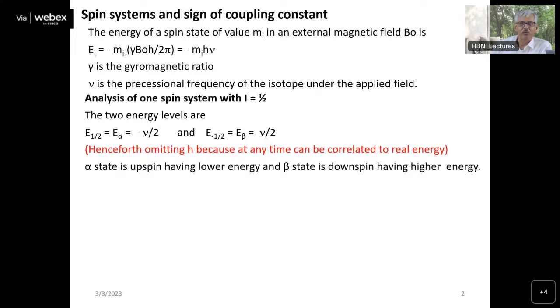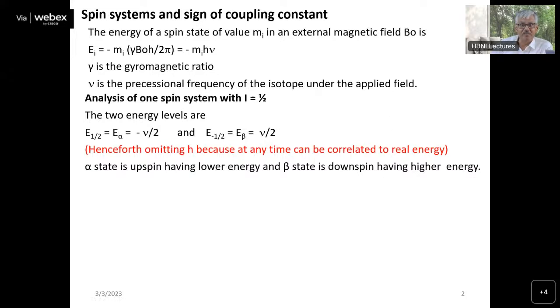We are just omitting h because nu is proportional to energy, to simplify the mathematical relation. If you want to convert to energy at any time, you can just multiply the equations with Planck's constant.